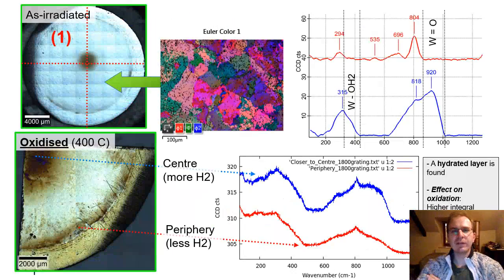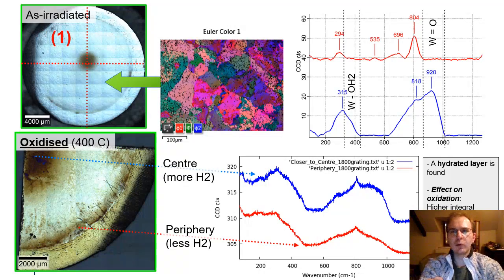The samples were initially cut in 4 quadrants, which were then exposed to oxidation, and Raman spectroscopy was applied to study the Raman spectra of the central region, which featured the highest concentration of deuterium, and also the periphery.